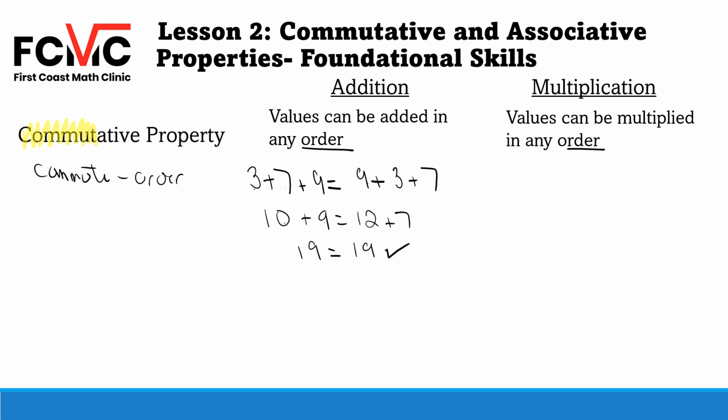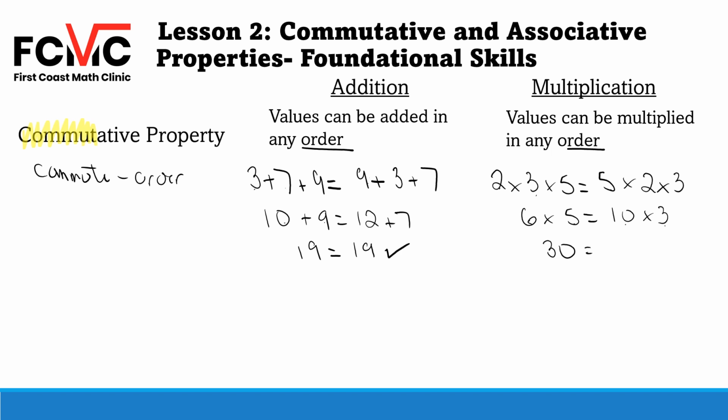For our commutative property of multiplication, let's do 2 times 3 times 5, and maybe 5 times 2 times 3. So again, we're changing our order. And let's check this just by multiplying left to right. 2 times 3 is 6 times 5. And then 5 times 2 is 10 times 3. 6 times 5 is 30.